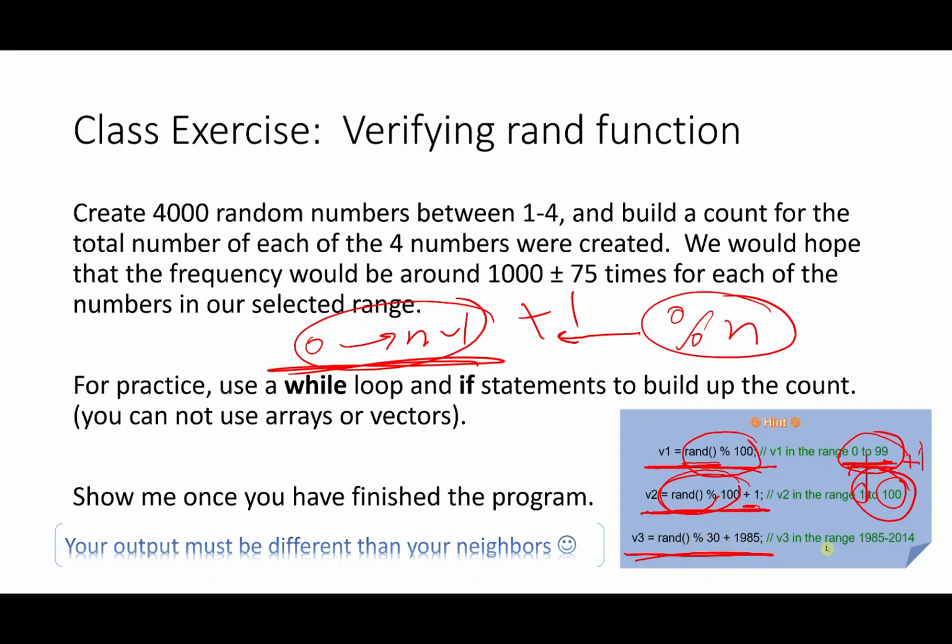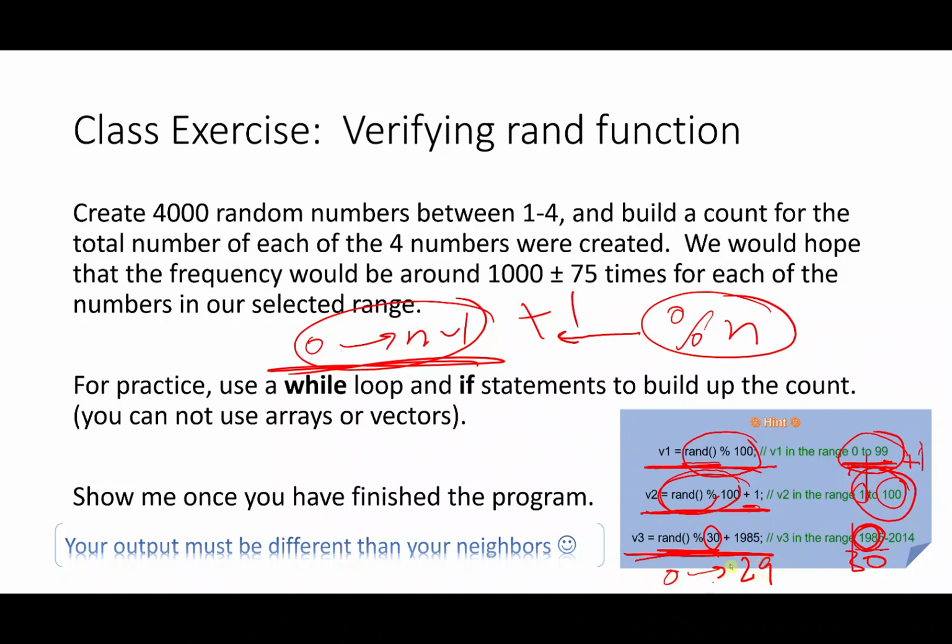The gap in the range, like 2014 minus 1985, this is 30, right? Range plus range mod 30. This is going to give you 0 to 29 plus the first number of the range.